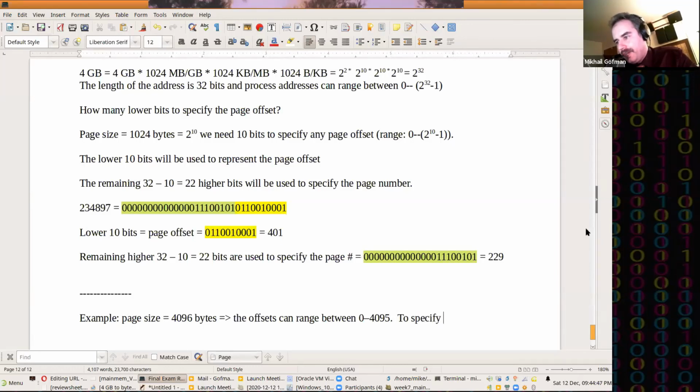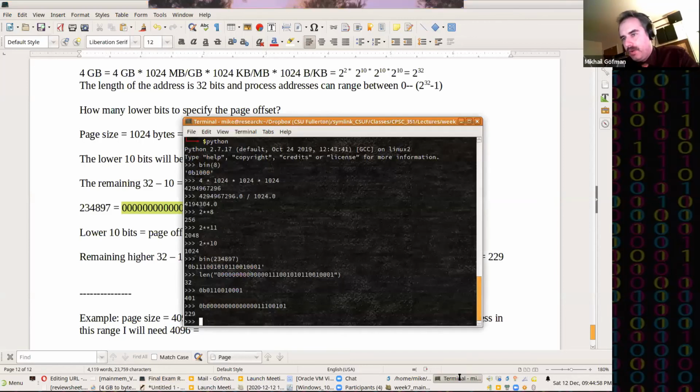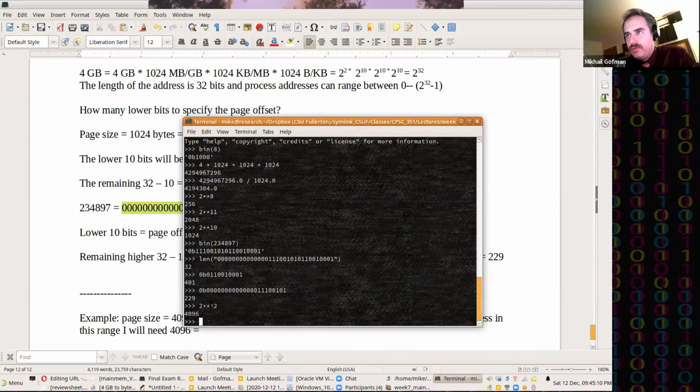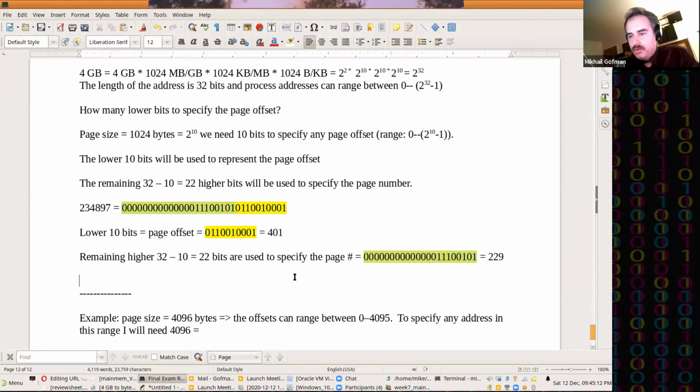To specify any address in this range, I need to know that 4096 is equal to, and we've already figured it out, but let's do it in Python again just to get an idea, 2 to the power of 12.